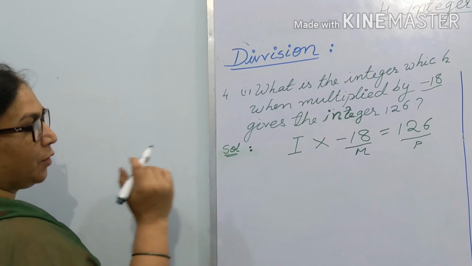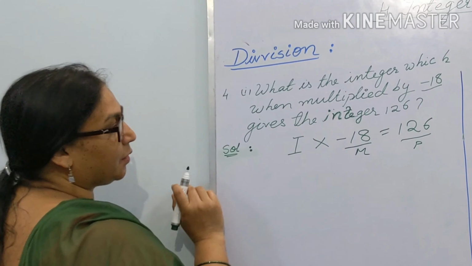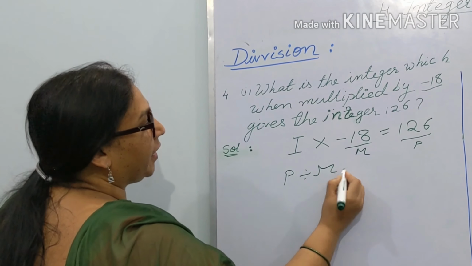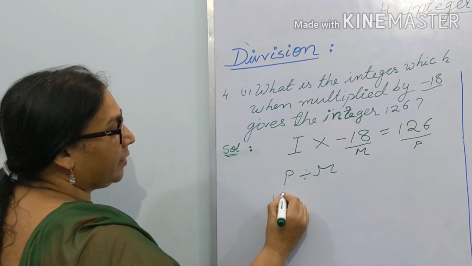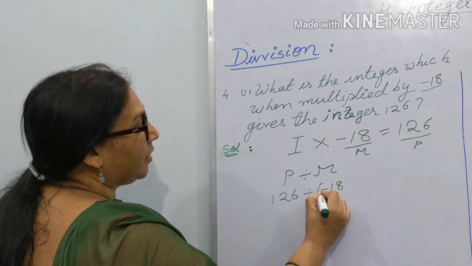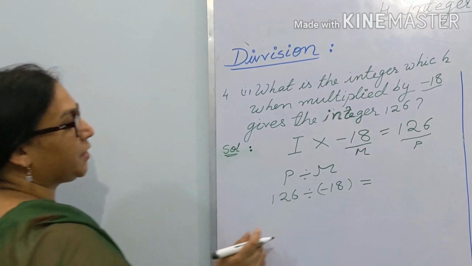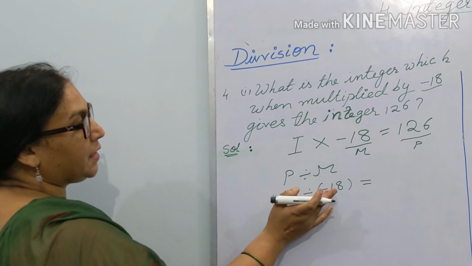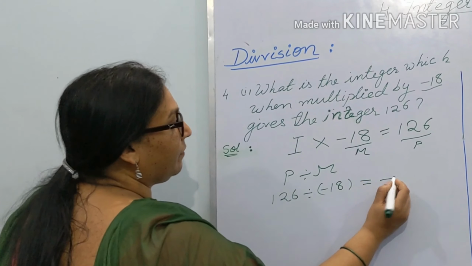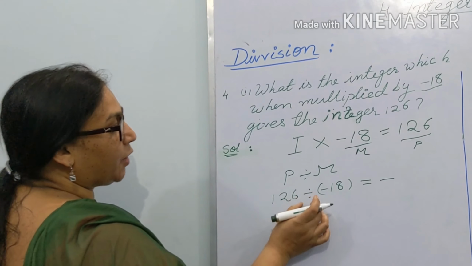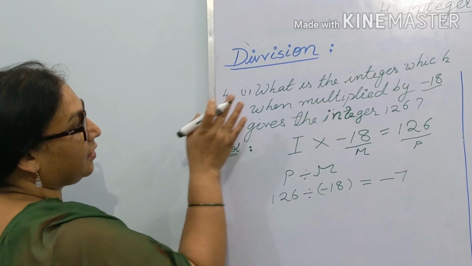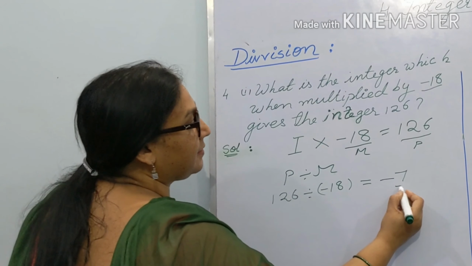In such questions, always we get the missing integer by division of product by the given multiplier. Hence, 126 divided by minus 18, following the rule of division, when the two integers are with opposite sign, the quotient is always negative. 126 divided by 18, answer is 7. Hence, the other integer is minus 7.